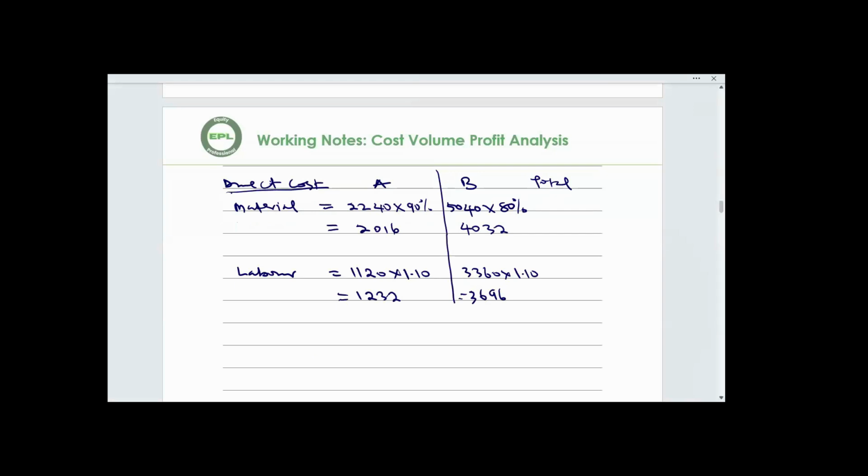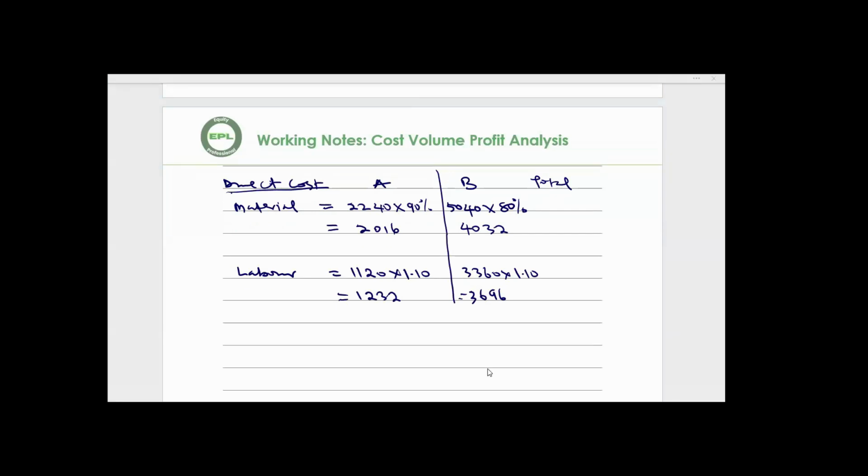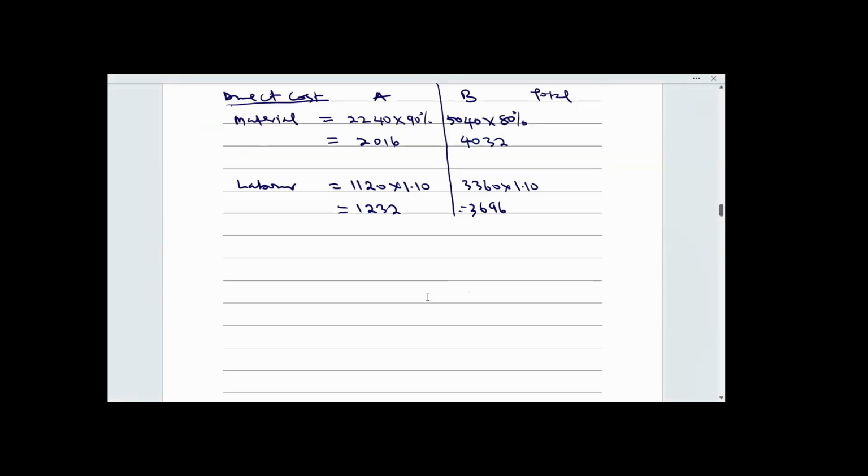Then the next adjustment we need to make. You are also told that additional fees cost of 456,000 will be spent on advertising. In that case, fees cost will also change. The current fees cost is 10,560,000.